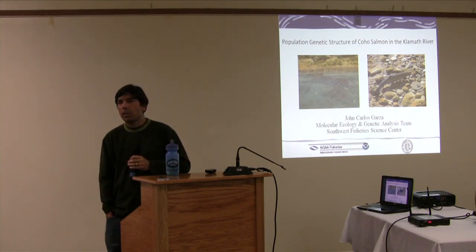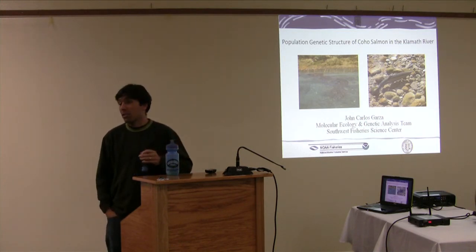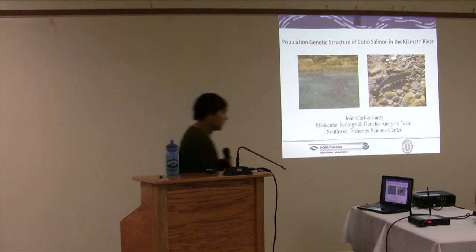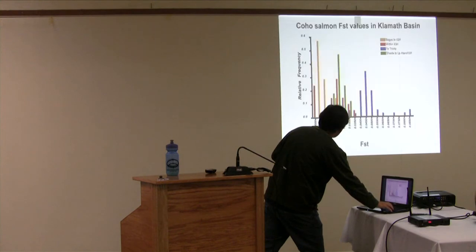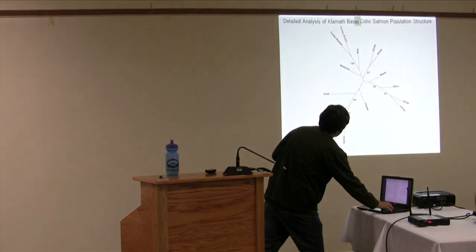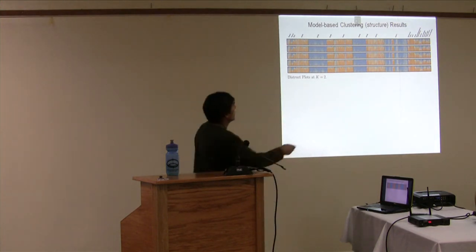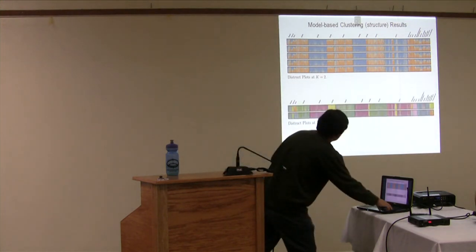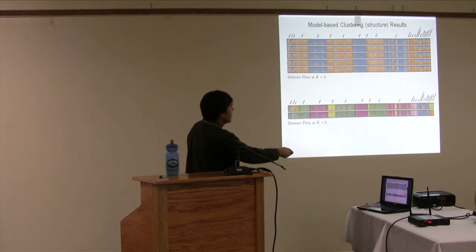Not in terms of that, but Bogus Creek is essentially a satellite population of Iron Gate. And aside from that, the Shasta River is the one that, if you look here, is easiest to see.